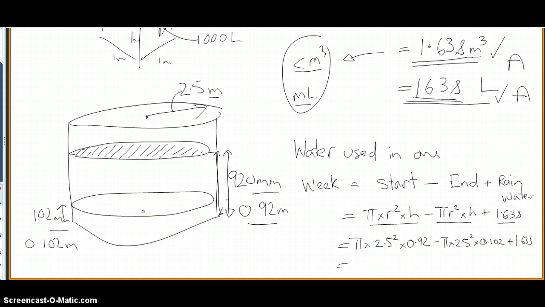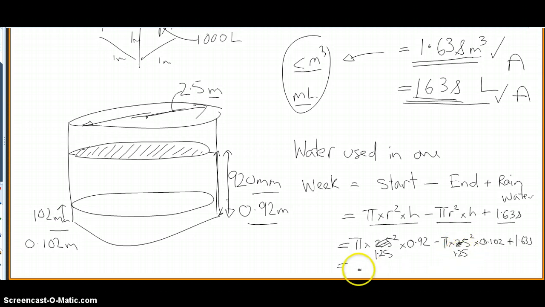Okay, just as I was typing it in, I've just realised another small error. In the picture in the book, it gives 2.5 meters as the diameter. For radius, it should have been 1.25.